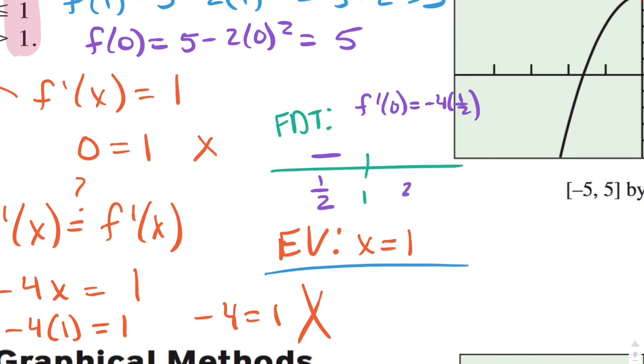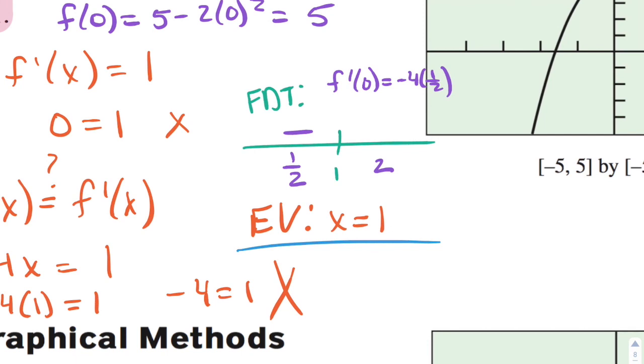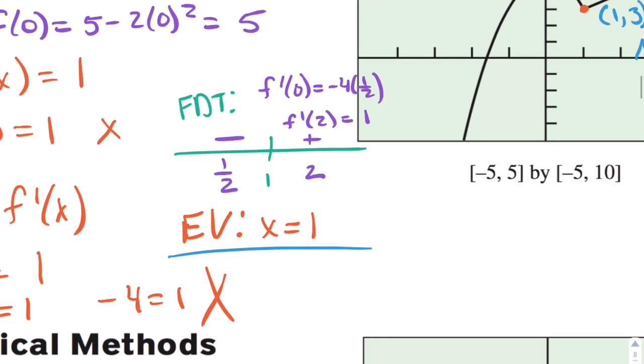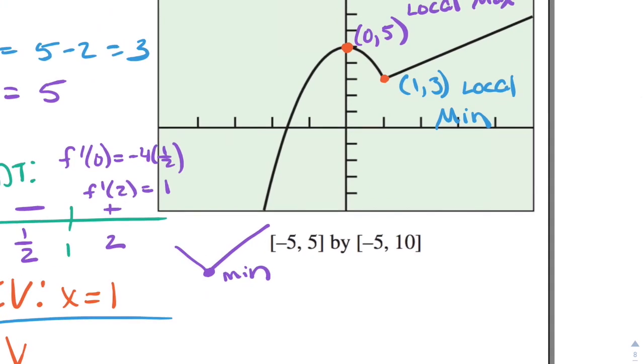So let's do the number 2. That one has to go into my other derivative, so f prime of 2 equals 1. Well, that's always positive. So we have a negative and a positive, making it a minimum, which is why that one's a local minimum.